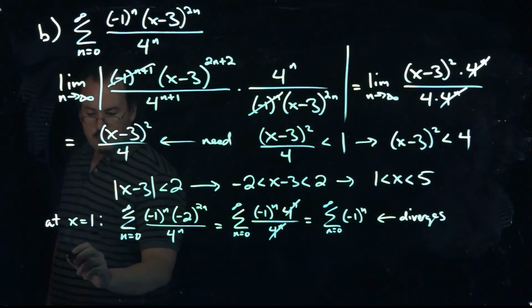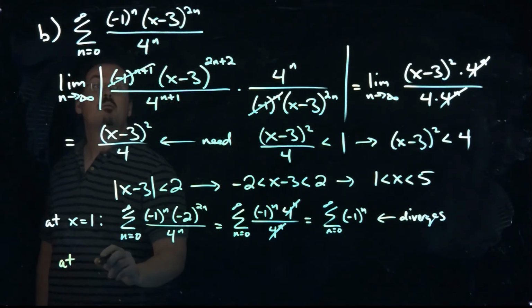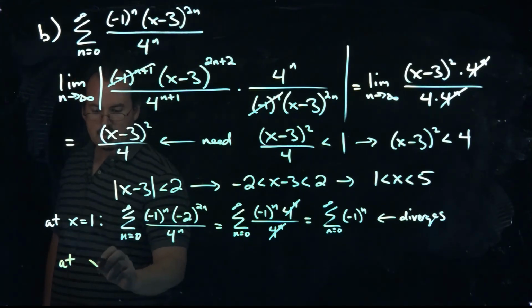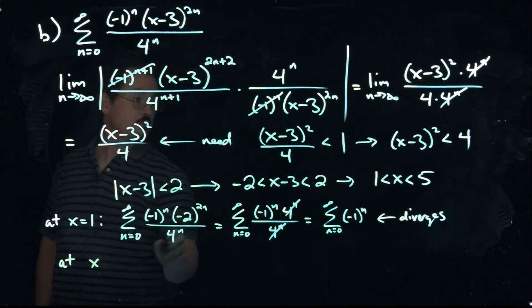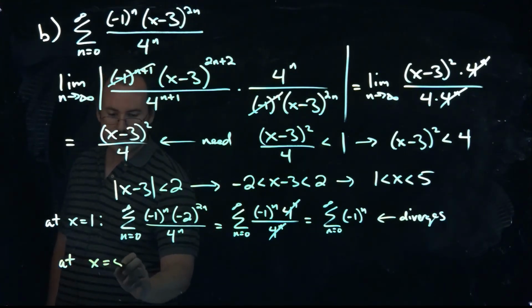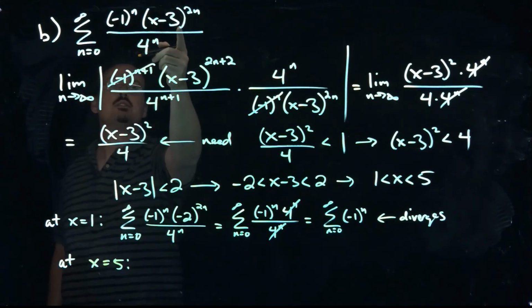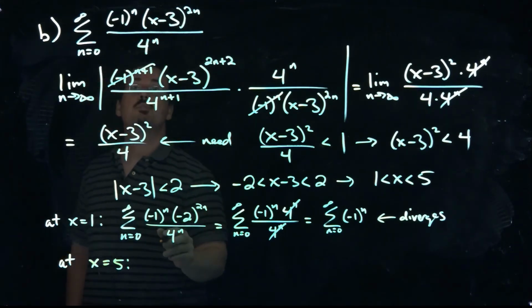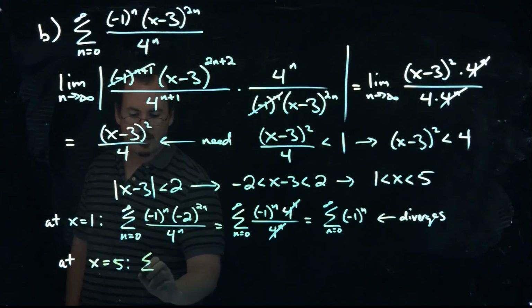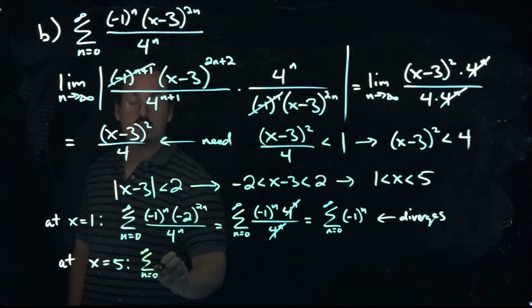Okay, and then at the other endpoint, I think we'll see probably the same thing happen. So at x equals, what was the other endpoint? At x equals 5, what happens? Plug in 5 there. 5 minus 3 gets me 2 again, and since I'm squaring it, I will get exactly the same series as I got before.